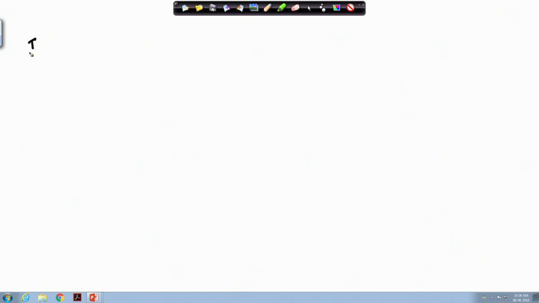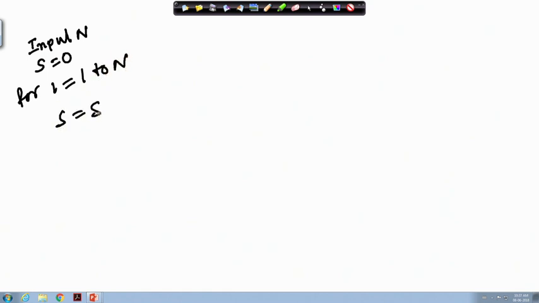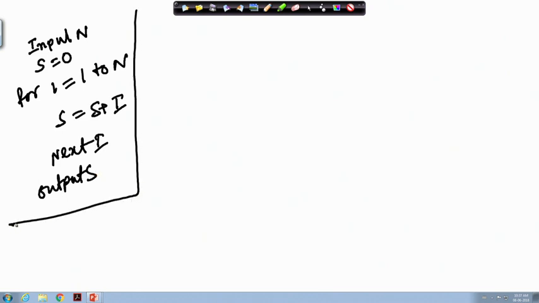The input is n, initially s is 0, then for I equals 1 to n, s equals s plus I, then next I, and put the output as s. So, this is my algorithm for computing the sum of n natural numbers.